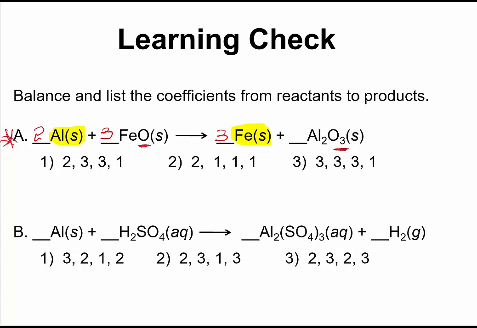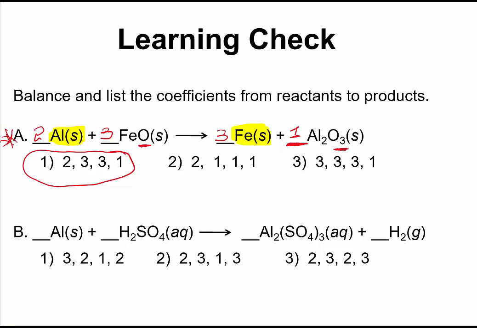Now there is one thing to note here. We are not placing anything as the coefficient of aluminum oxide. If there is nothing there, that means there is a 1 right there. Always remember that. And that means this is the correct answer.